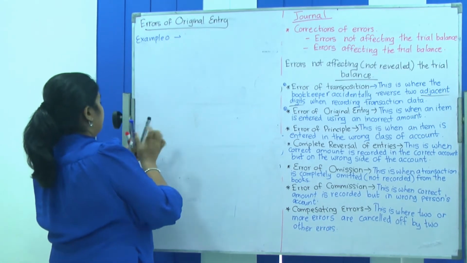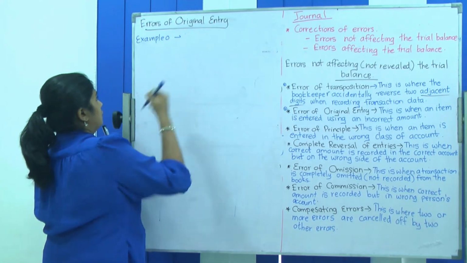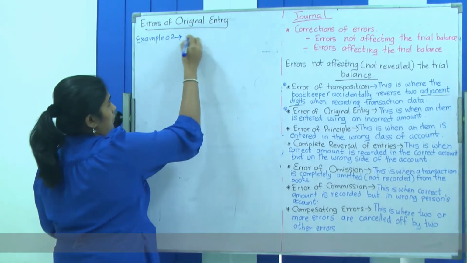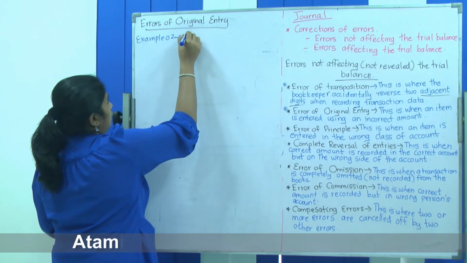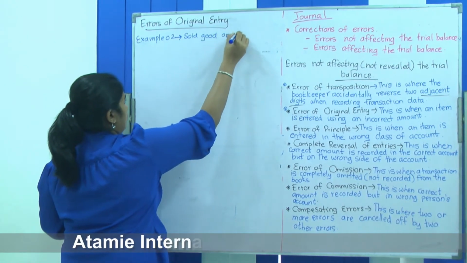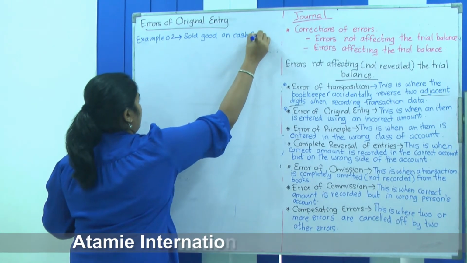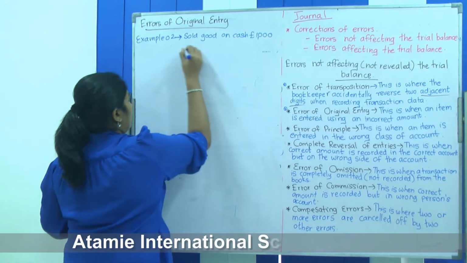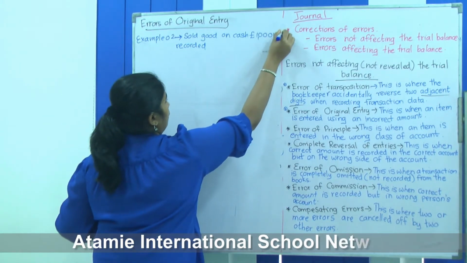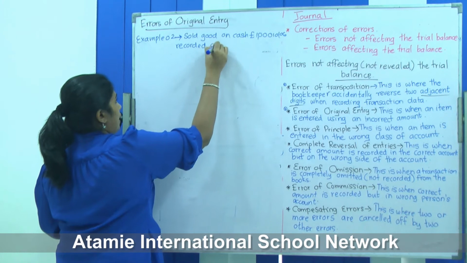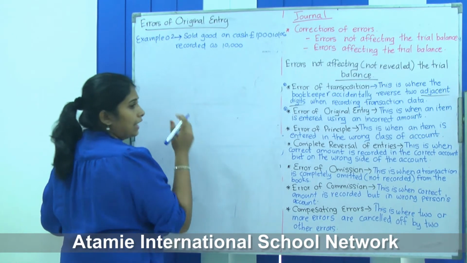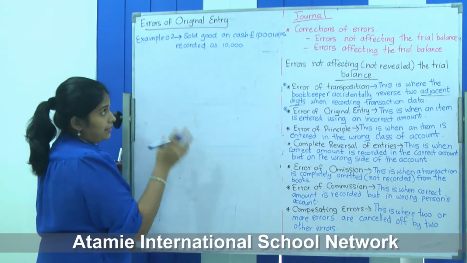Example number 2. Sold goods on cash 1,000, recorded as 10,000 on 10th of June. Now there is an increase. Earlier 10,000 was recorded as 1,000.